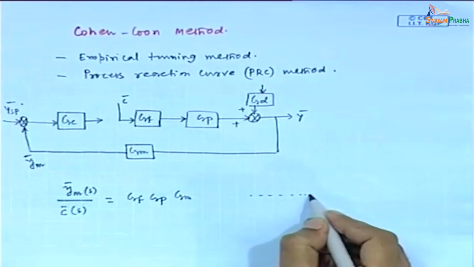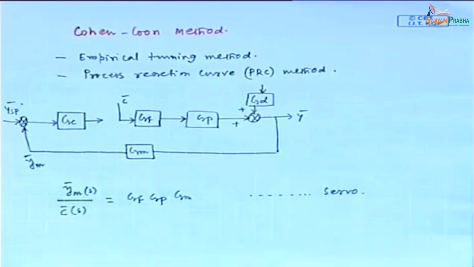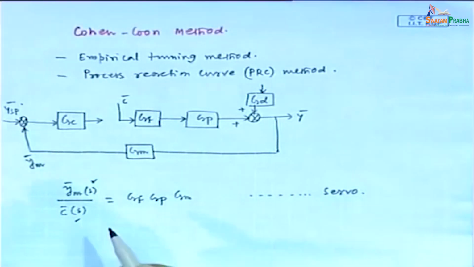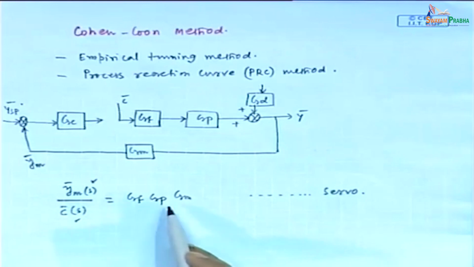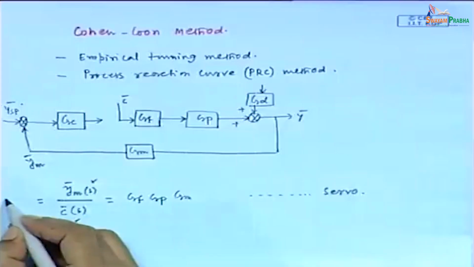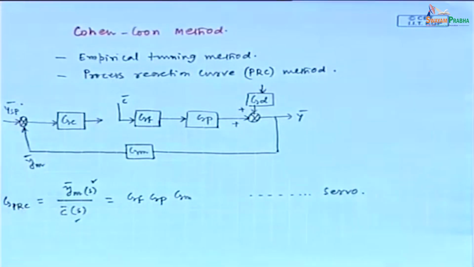Definitely this is for the case of servo problem. Fine. Can we write the output Ym bar divided by the input C bar equals Gf, Gp, Gm, and this is the transfer function of the process reaction curve. Fine.